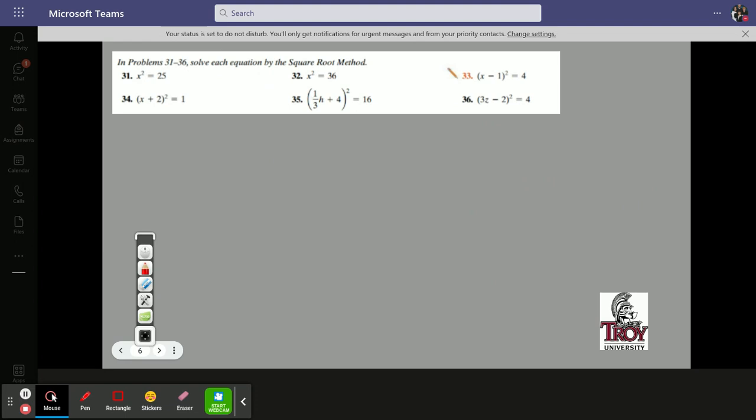All right, 32. X squared equals 36, square root of both sides. X is equal to a positive or negative.